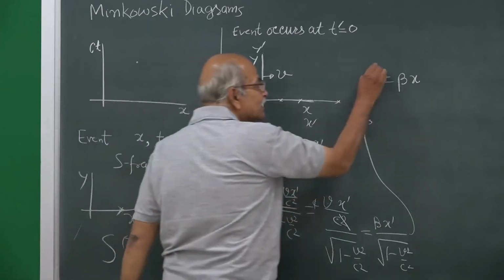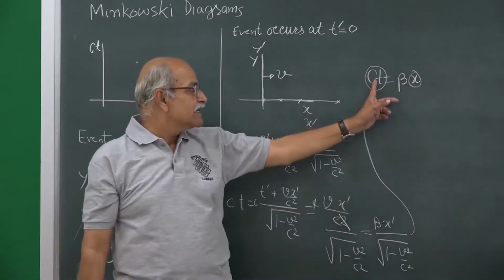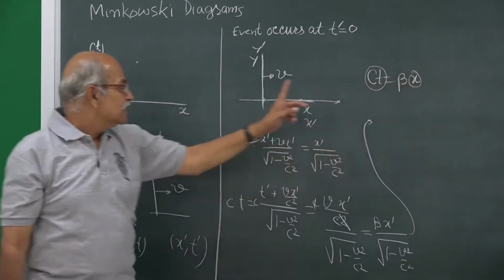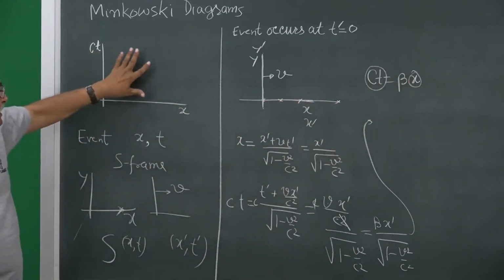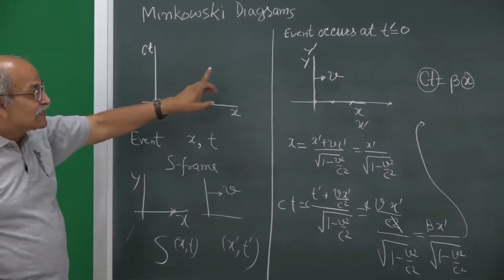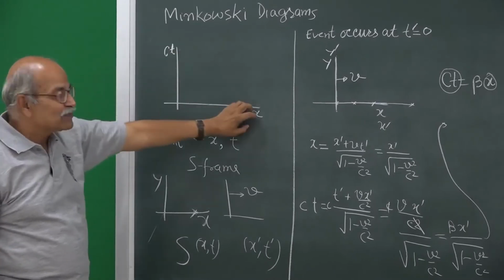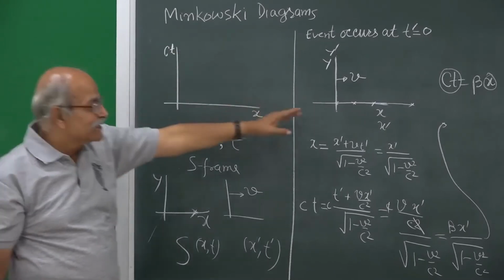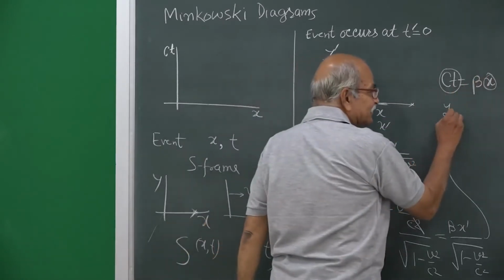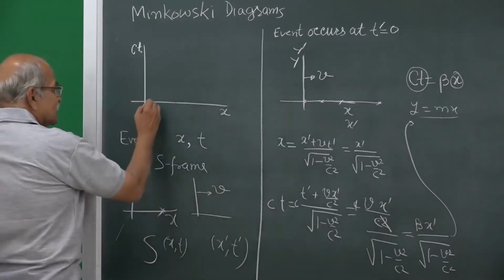There is a relation between ct and x, and these are the coordinates of the event in S frame. Therefore, if I plot that point here, that point will be on a straight line. Remember, this is our ct coordinate here and x here, just like y equal to mx, a straight line.